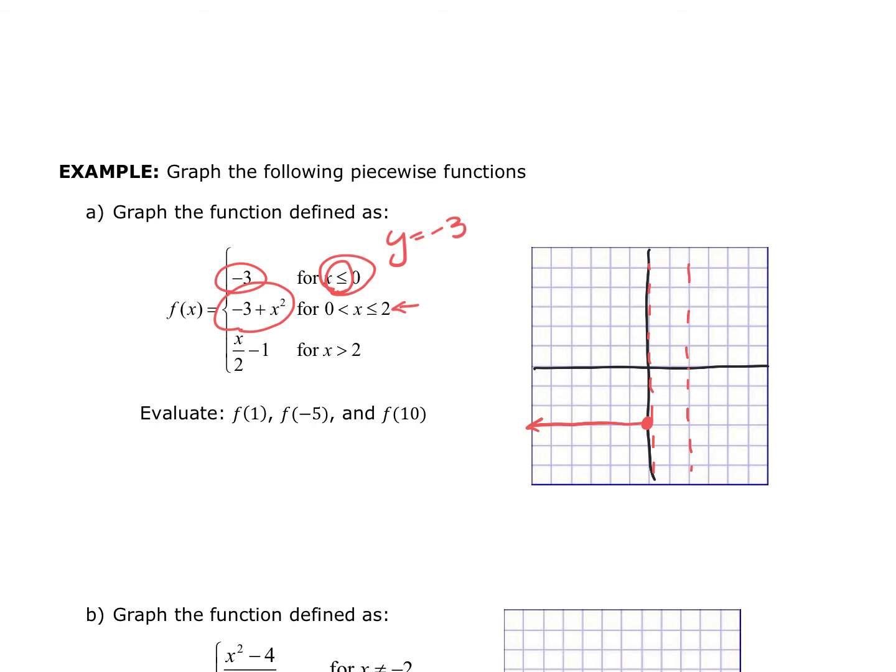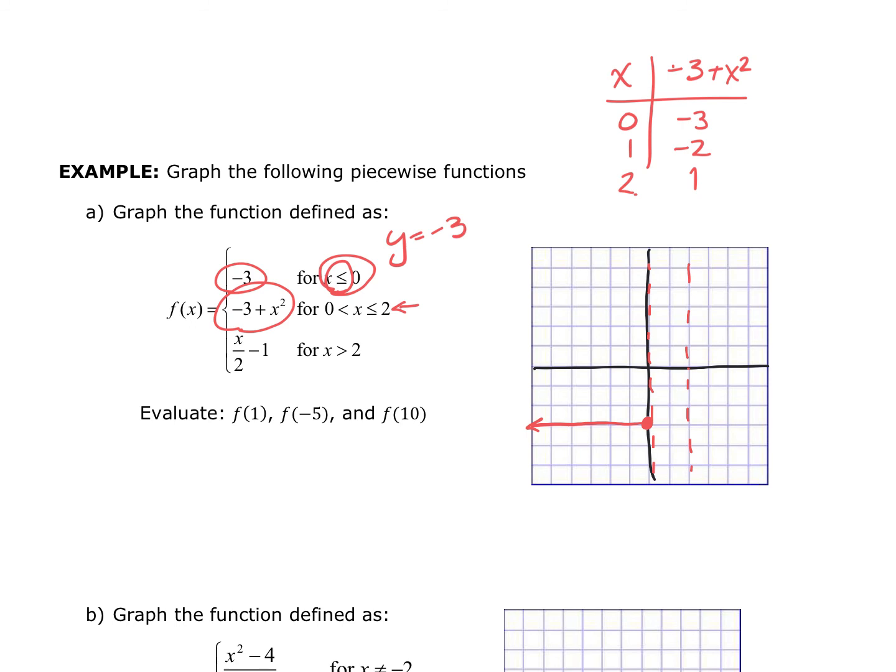So if you're like, I don't know how to graph that, totally cool. Do a chart. Do an x, and then the output that I'm going to use is negative 3 plus x squared. So I'm going to put in 0, 1, and 2 because it tells me to break at 2. So I put in 0 and negative 3 comes out. I put in 1, I get negative 2. I put in 2, 1 comes out.